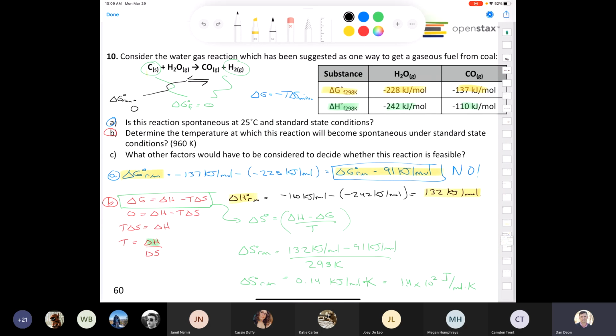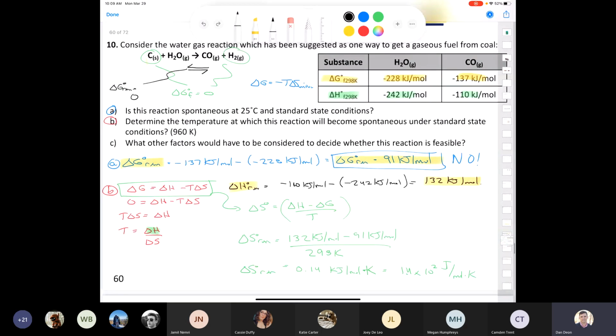At that temperature, it starts to become spontaneous. So all I had to do was set my delta G as being 0, and now I can solve for that temperature. It's something similar to what we did in question number 8 a couple of questions ago.